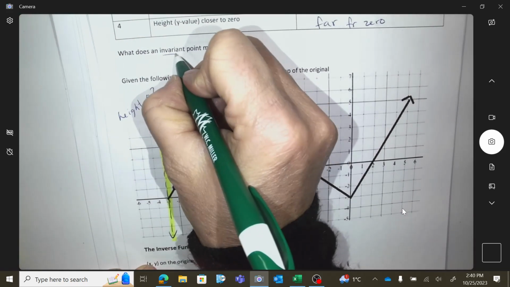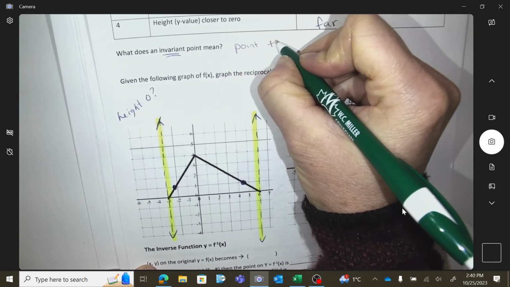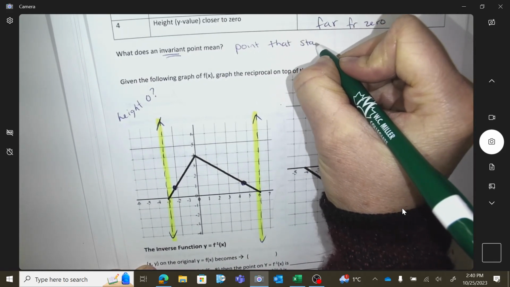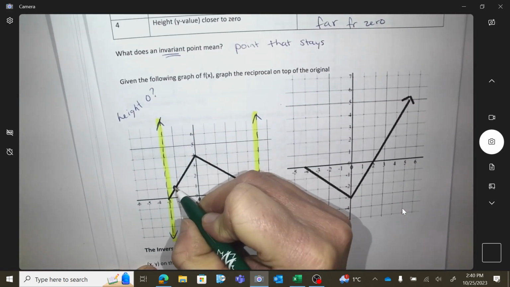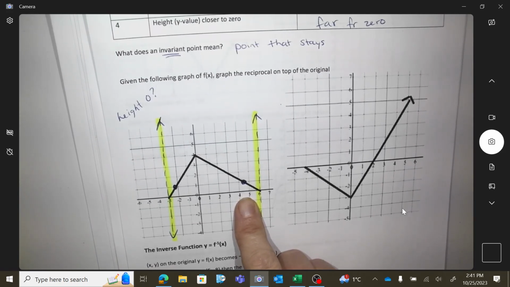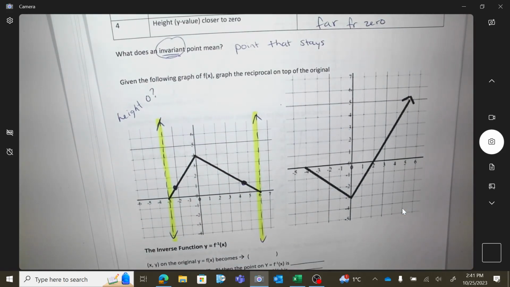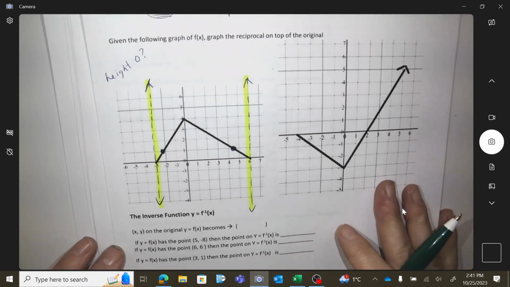The word invariant means a point that stays. So this would be called an invariant point. Whatever it be, 4.5 comma 1 on the new graph is 4.5 comma 1. It didn't change. So just this word, if you run into it, that's what it means. It's a point that was staying.